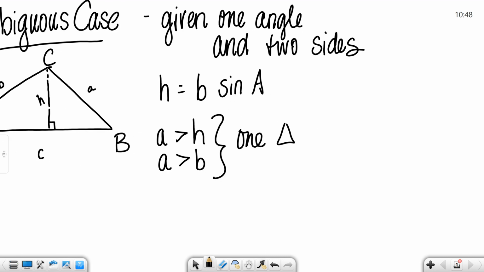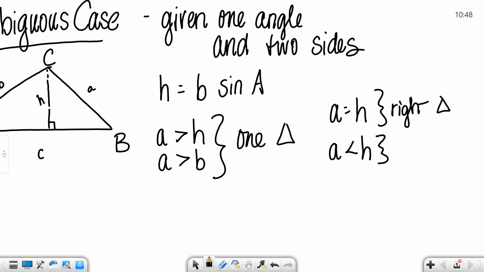Again, we check for that height again. If I get that a is equal to h, then this is a right triangle, and so we're not going to need law of sines at all. If I get a is less than h, then guess what? There's no triangle at all.